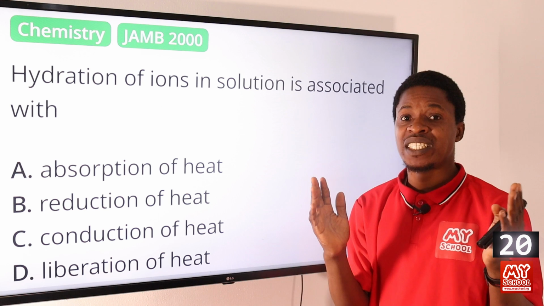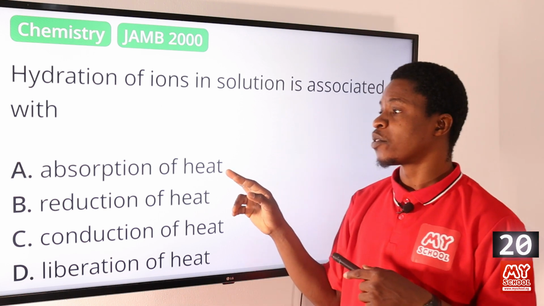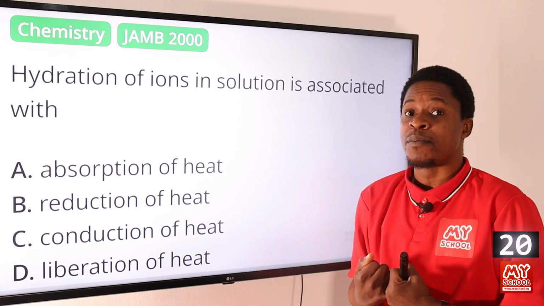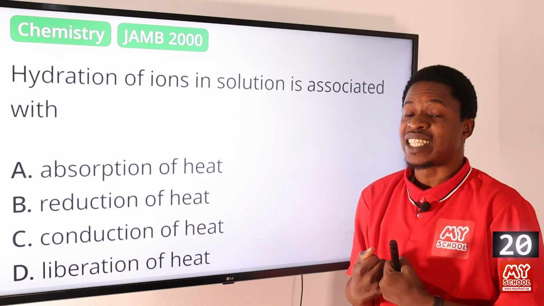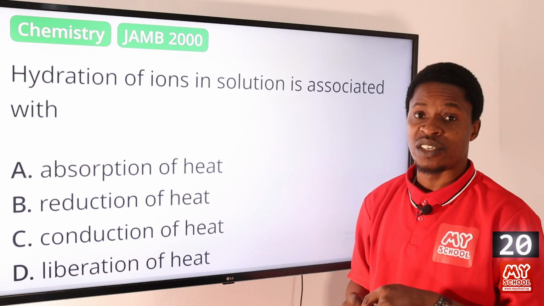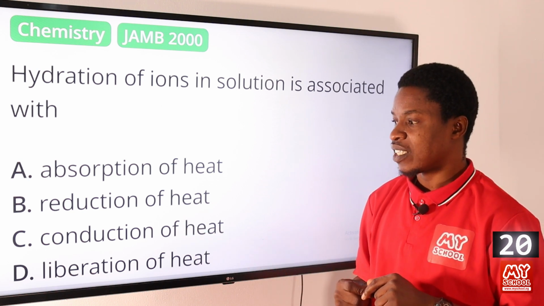get liberated. So we look at option A, it says absorption of heat. No, it will be absorption of heat if it is endothermic. If heat is absorbed into the system, we say that is endothermic. For this, reduction of heat, heat is not reduced. Conduction of heat, no, it's not going to conduct heat.